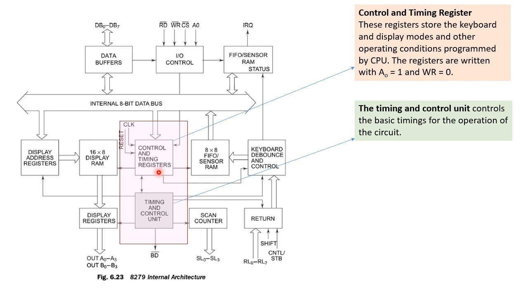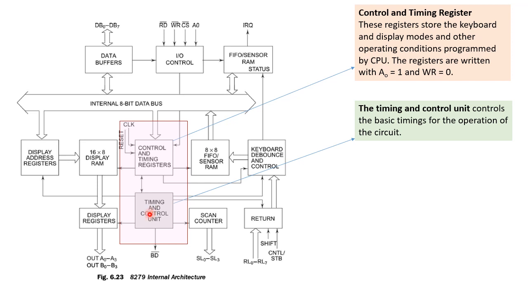Our 8279 can work in different modes like keyboard mode, display mode, etc. How can we inform the chip to make it work in a particular mode? You can do that using this control and timing register. The next one is the timing and control unit. This unit controls the basic timings for the operation of the circuit.